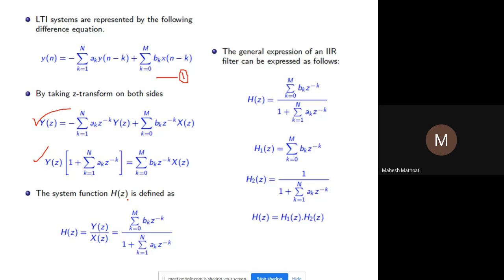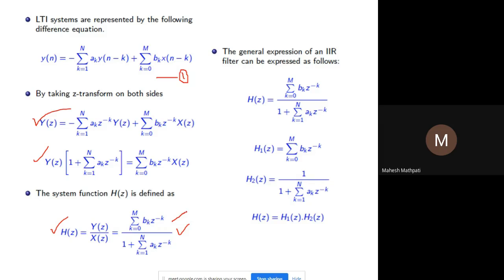Next line you write: the system function H of z is defined as H of z equals Y of z divided by X of z, which can be written as summation k equals 0 to m of b_k z power minus k divided by 1 plus summation k equals 1 to n of a_k z power minus k.